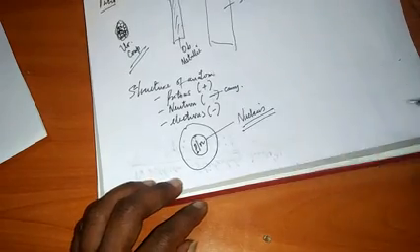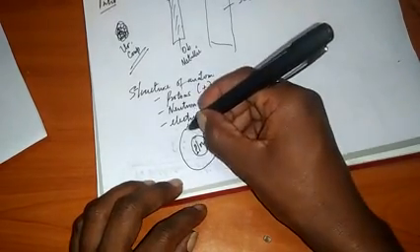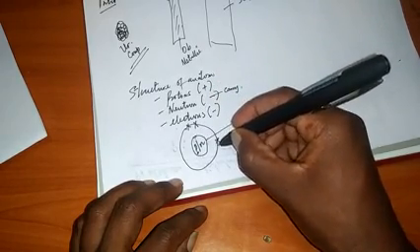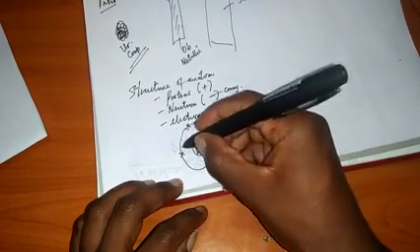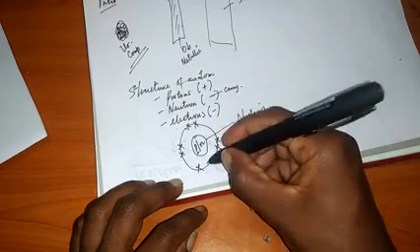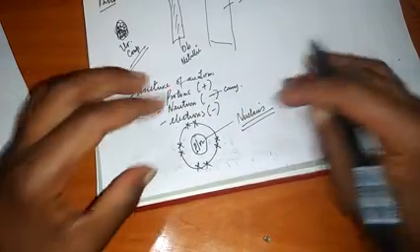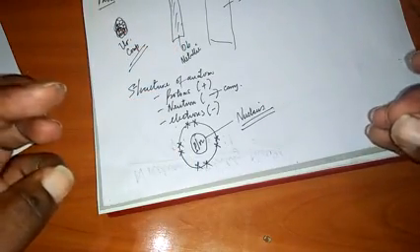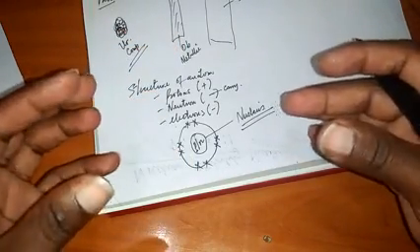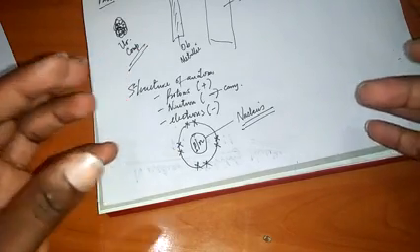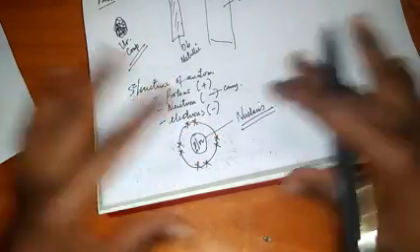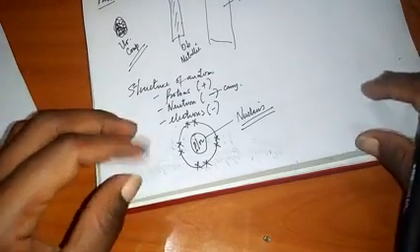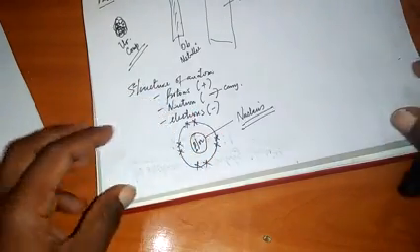Remember, the neutrons carry no charge. And then the electrons revolve around the nucleus in an orbit. The electrons are held by the force of the nucleus that keeps them in their orbit. The electrons revolve around the nucleus in what we call energy shells.